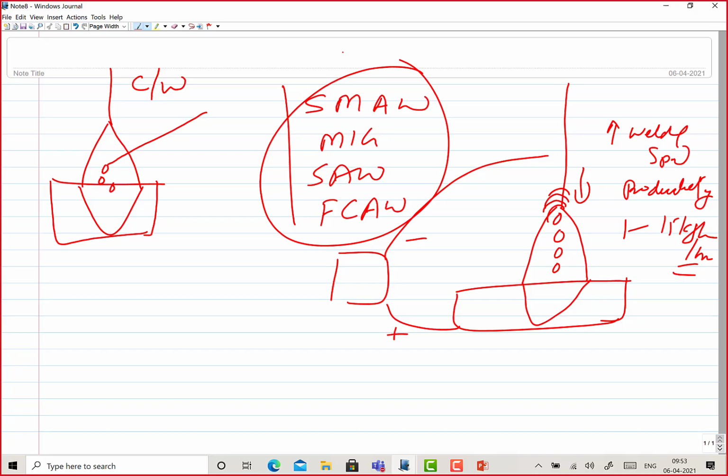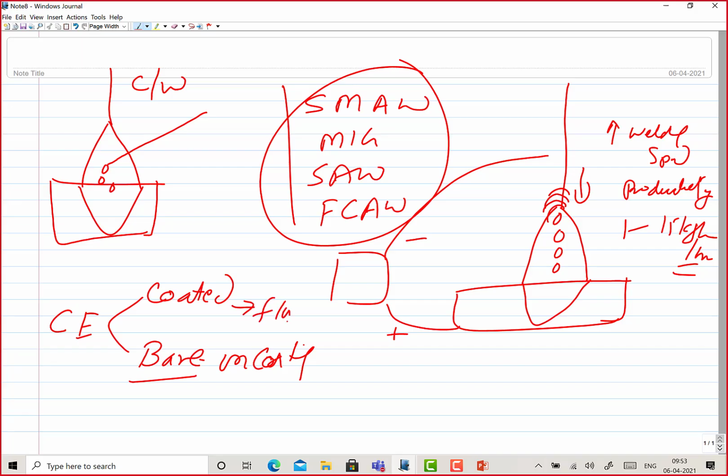Now the consumable electrodes again are of two types. One is coated type and another is bare electrode, uncoated, with no coating. Coated electrodes are primarily coated with flux, like in SMAW, shielded metal arc welding, or stick electrode.